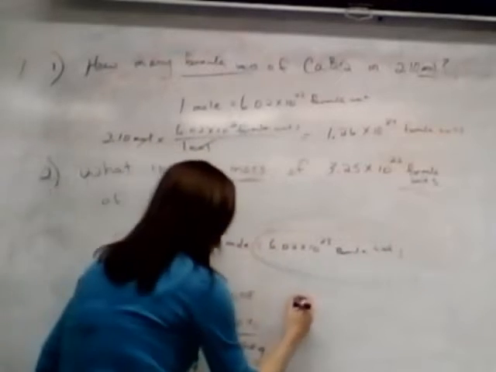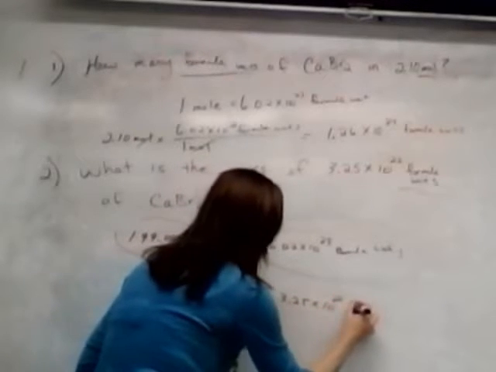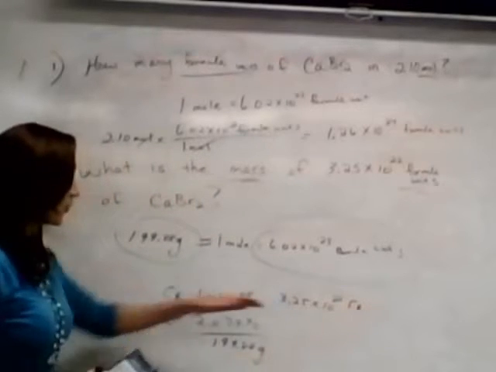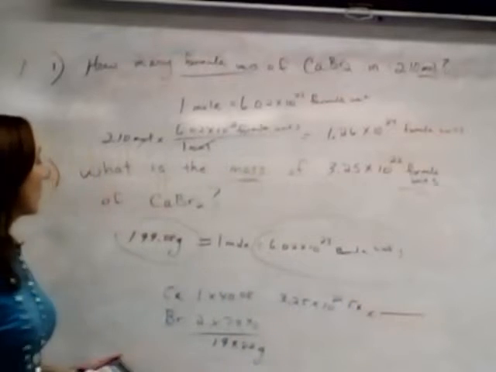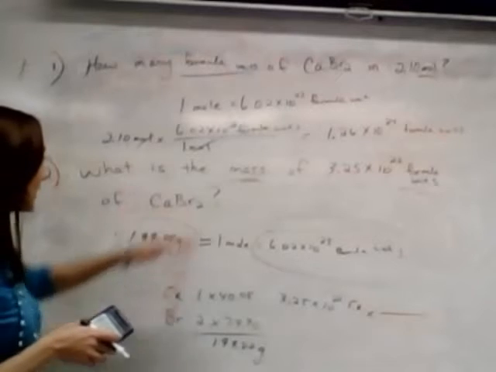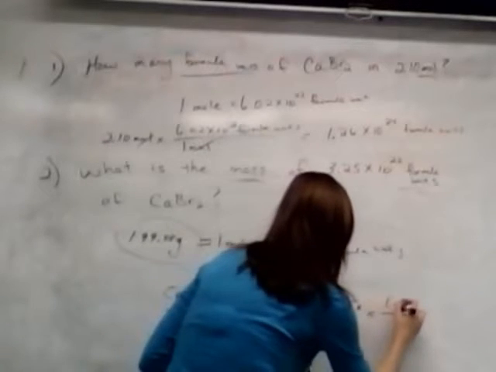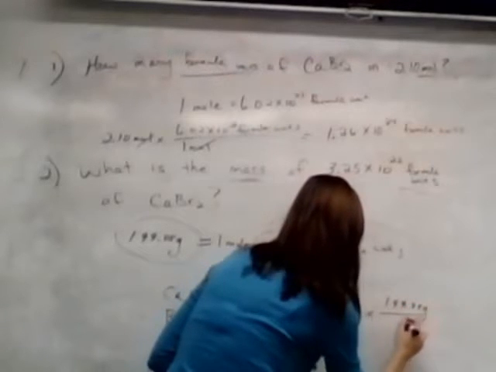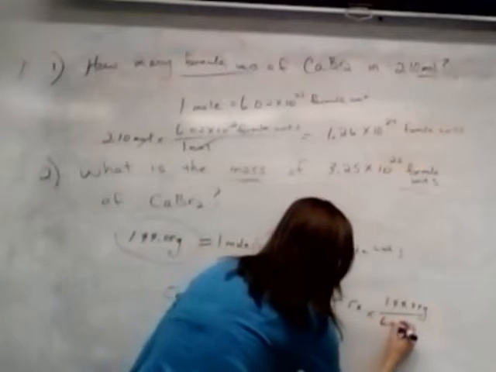So there are my relationships: this many grams equals this many formula units. Now I start my setup. I have the 3.25 times 10 to the 22nd, and I'm going to abbreviate formula units as FU. Don't be offended. Then I want to set up my conversion factor. I want to end up with mass units, so the mass is going to go on the top: 199.88 grams on the top, and the number that has formula units on it on the bottom.